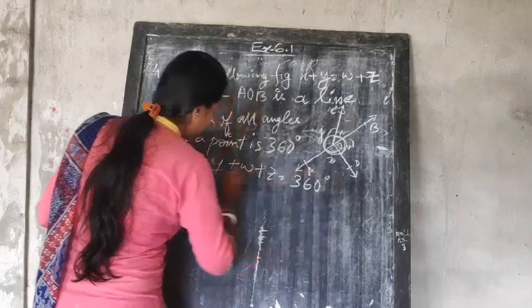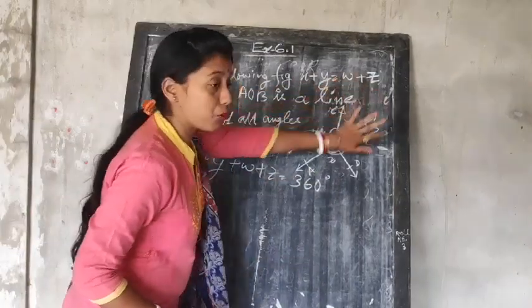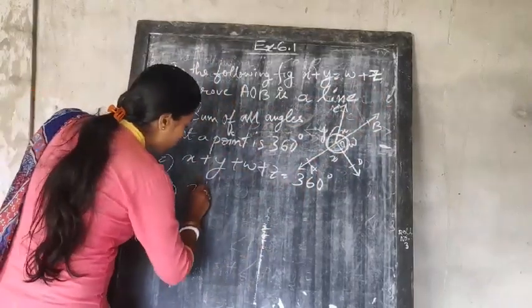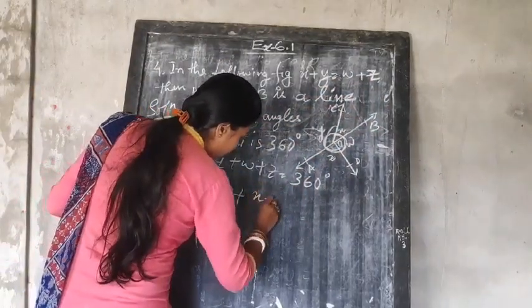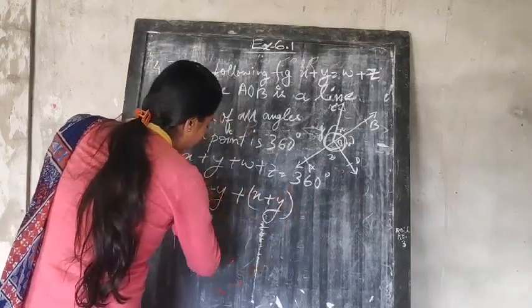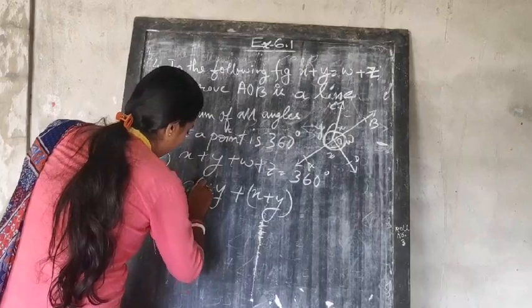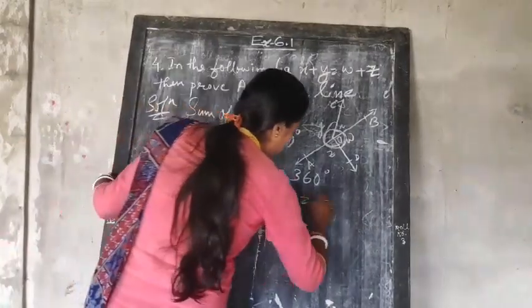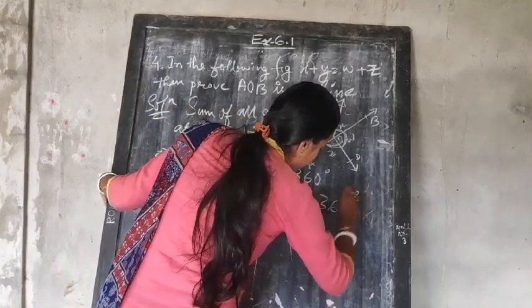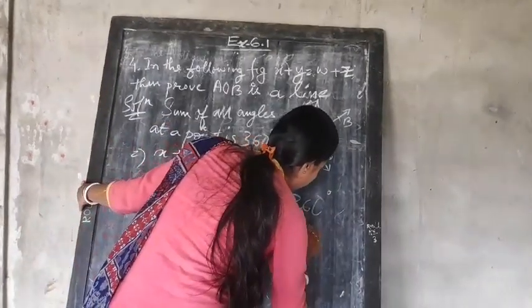So x plus y plus w plus z equal to how much? 360 degree. Now since x plus y equal to w plus z is given, we can write here x plus y plus x plus y equal to 360 degree.